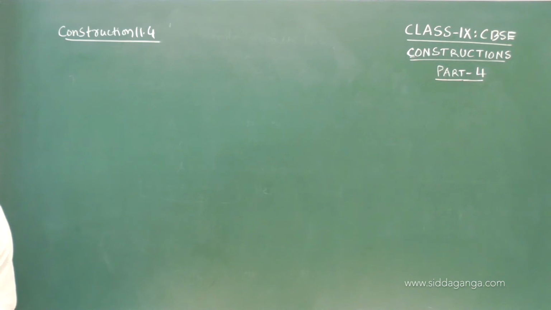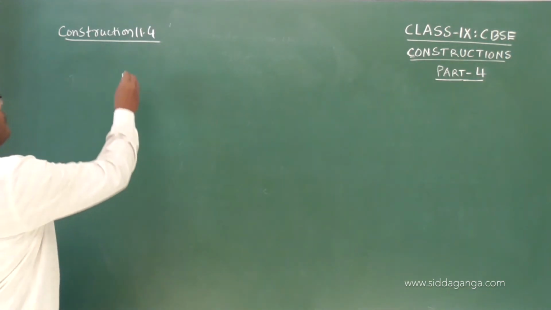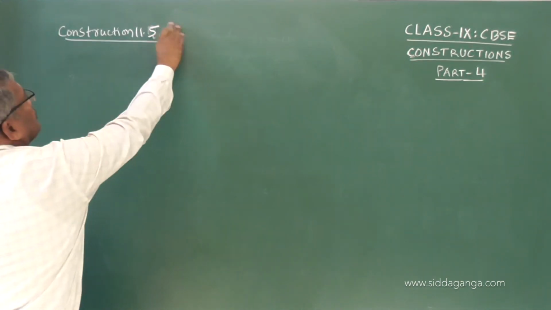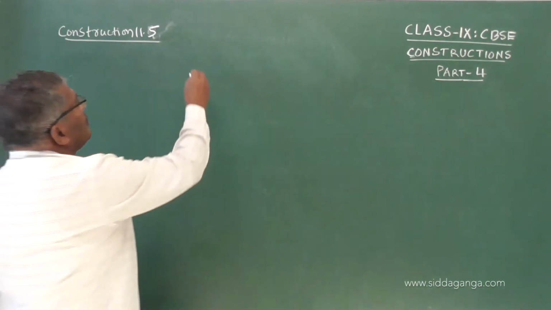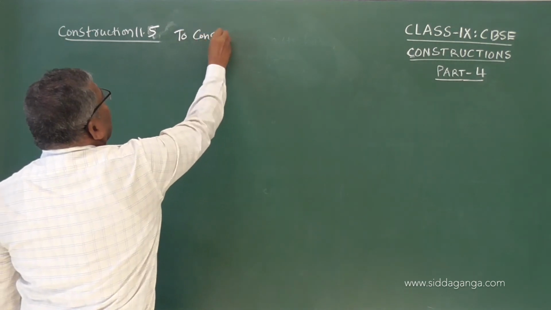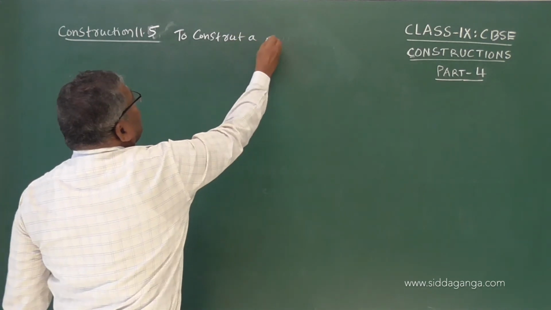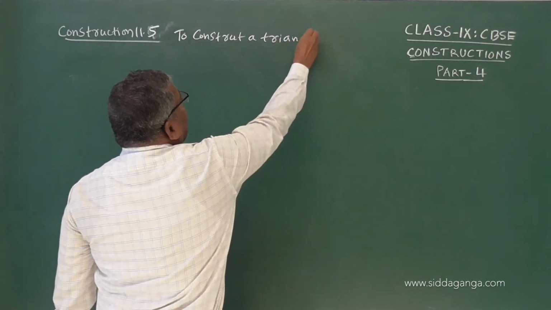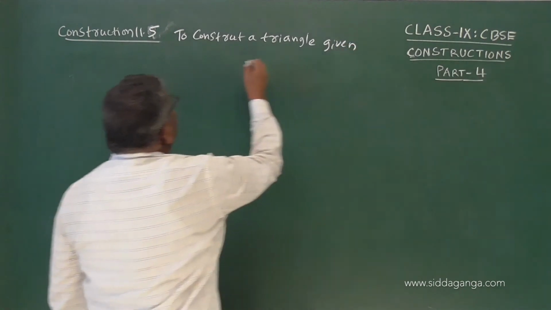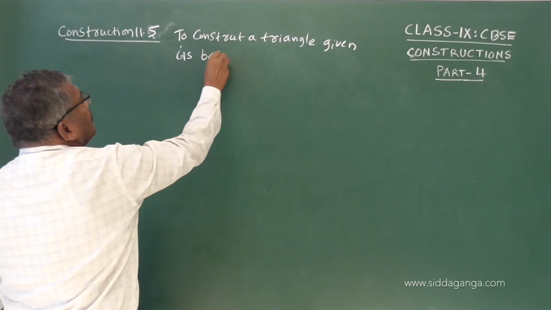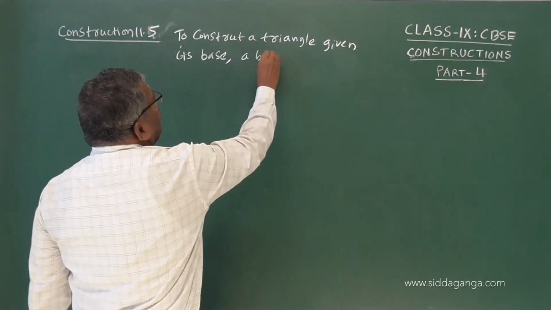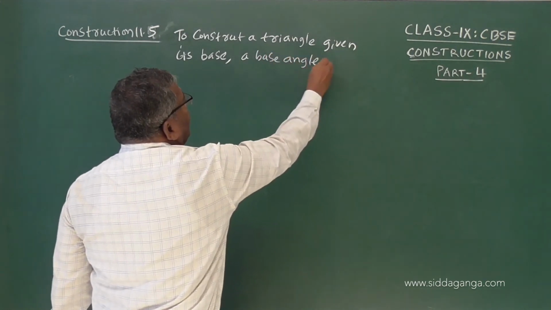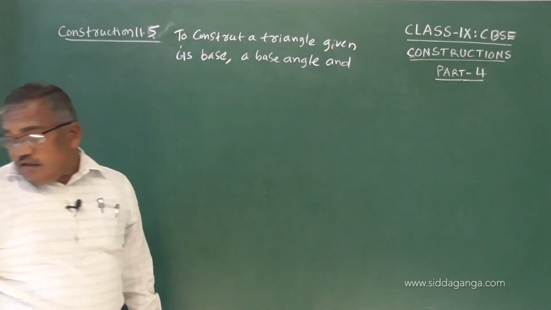Construction 11.5: to construct a triangle given its base, a base angle and the difference of the other two sides.